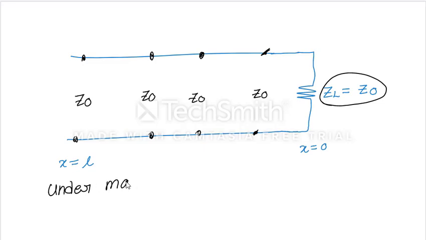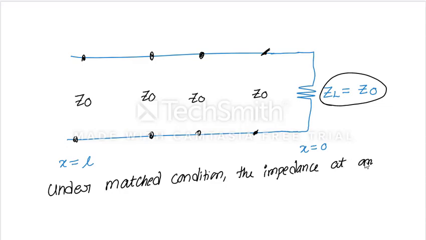Under matched condition, the impedance at any point is the same as its characteristic impedance.